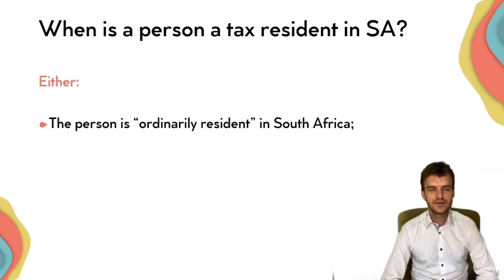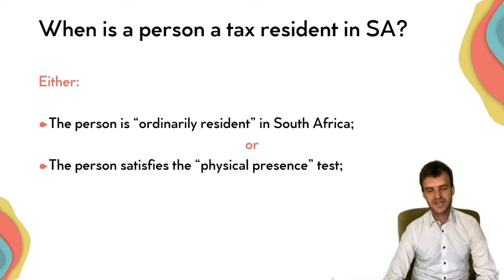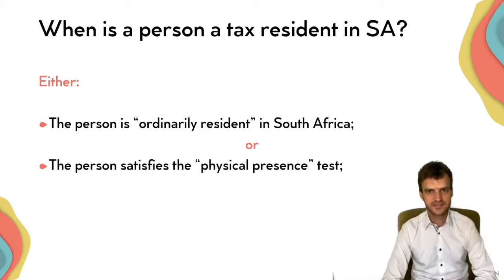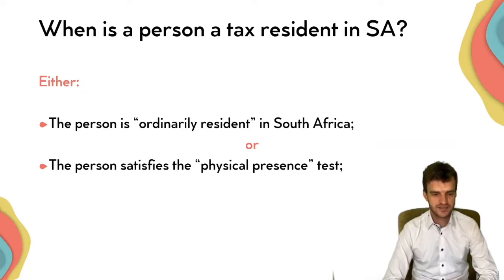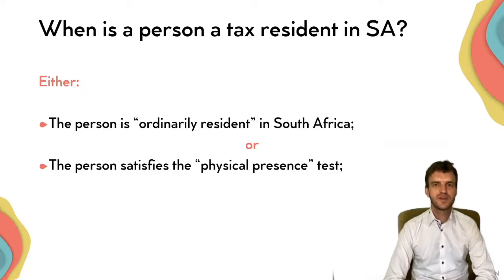Either the person is ordinarily resident in South Africa, or the person satisfies the physical presence test. For most people who live in South Africa, you will satisfy both those requirements, but if either one of them is satisfied, then you will be deemed to be a tax resident in South Africa.